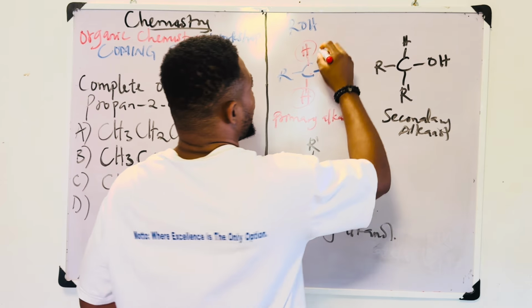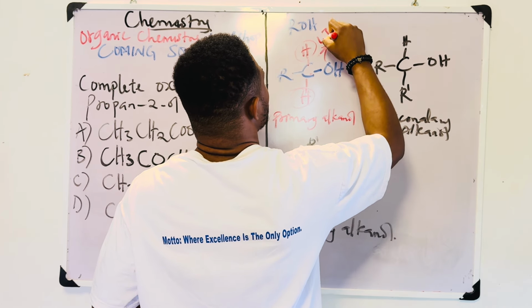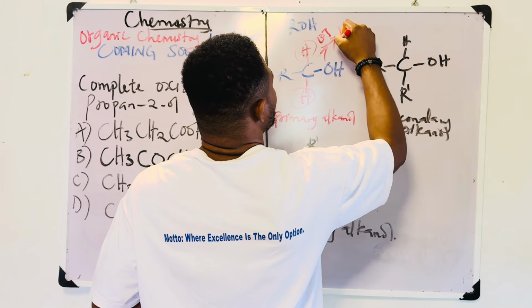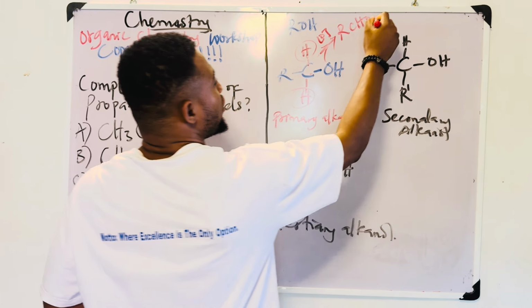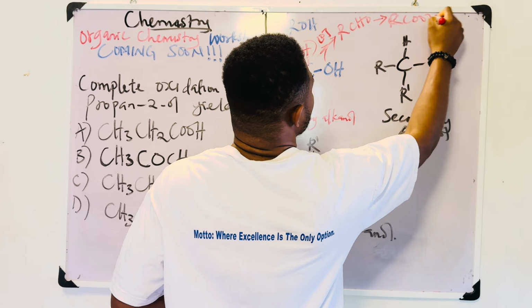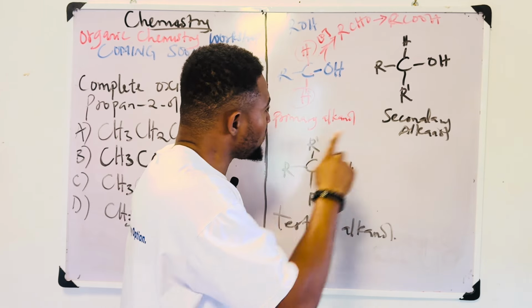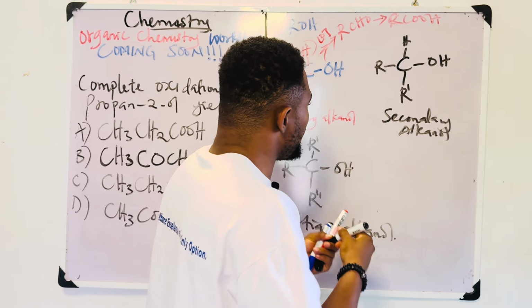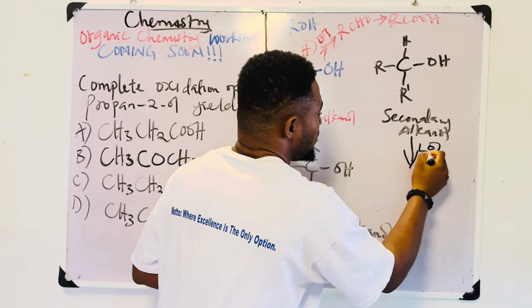So oxidation will give us, let me put oxidation here, what? This is alkanal, while the complete will give us RCOOH. And for secondary alkanol, the oxidation, let me put the oxygen here.